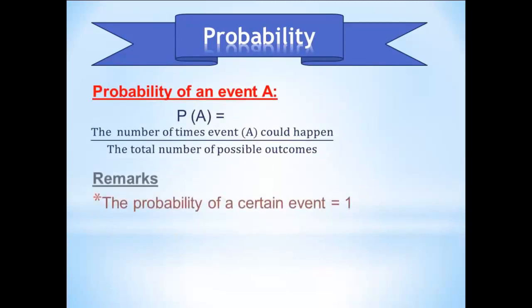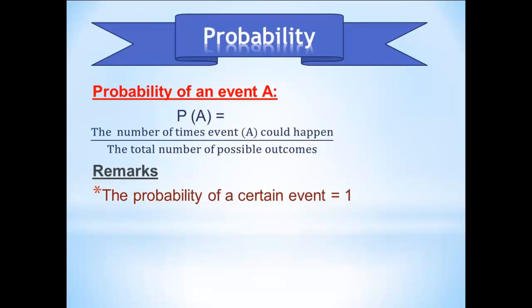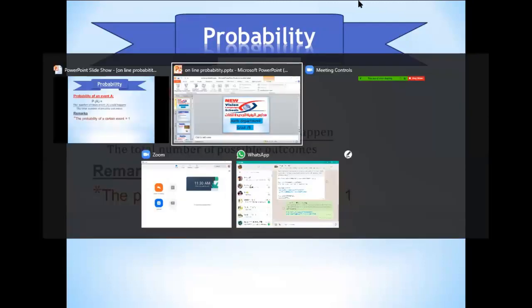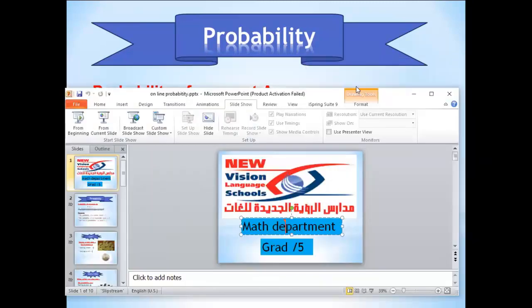The probability of a sure event is equal to what? 1. A sure event has probability 1 because it is certain. Like what's the probability that it rains in winter? 1.